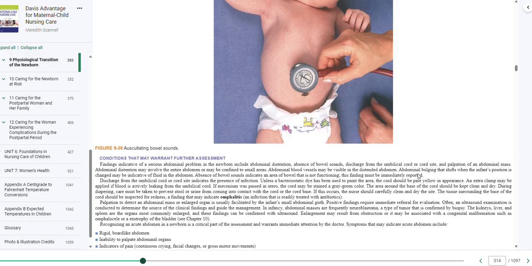Genitourinary findings. So when we're examining the baby, we do just like adults. We're going to look, listen, and then feel. So all 4 quadrants. We're looking, then we're listening, and then we're feeling, laterally across the abdomen.